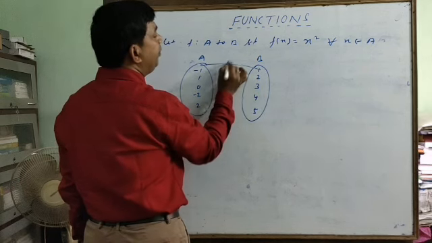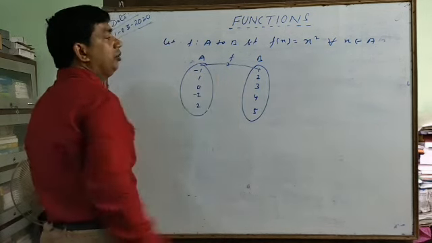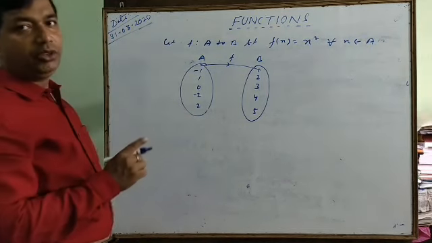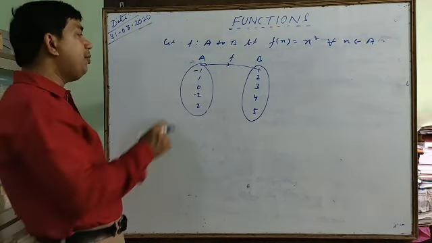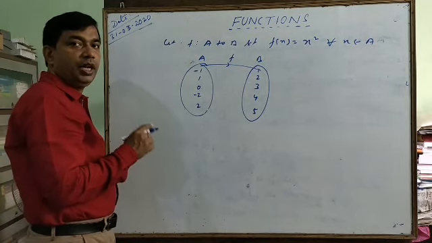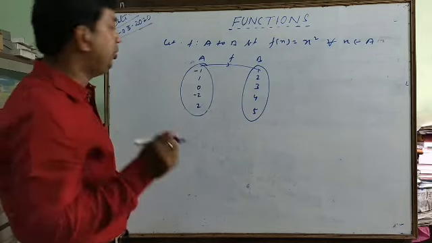So the rule is defined from A to B. First of all we have to check whether it is a function or not. According to the definition of the function, every input has some output and no input has more than one output.